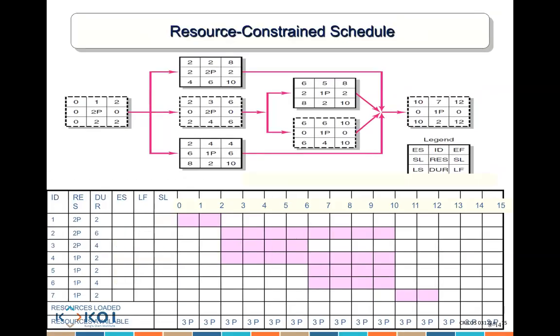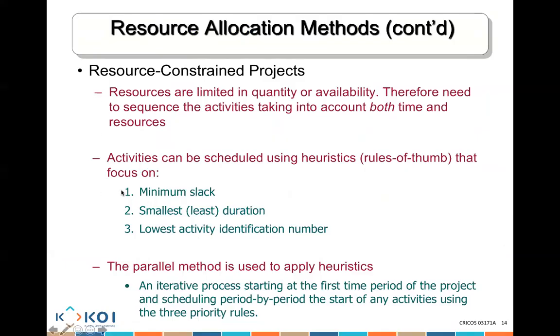So I'll go back. You start with the activity with minimum slack. Can you see that? Then you do the activity that has the smallest duration. Then you do the activity that has the lowest activity identification number. So we did the minimum slack. Now we'll move to the smallest duration.